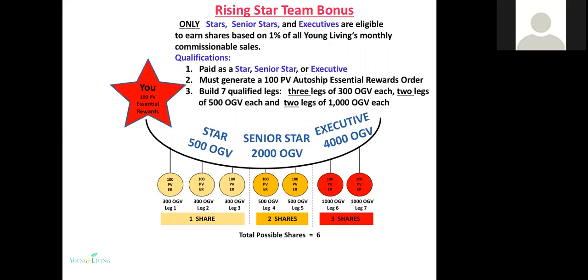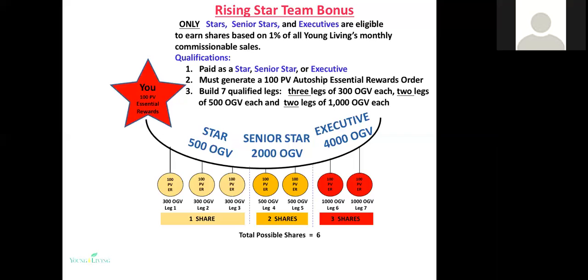And it's not so much you helping to build that volume, but it's in building leaders and training leaders within your organization and within each of those legs to grow and to build so that they can achieve their goals. And in essence, that is helping you also to achieve your goal in rank advancement.